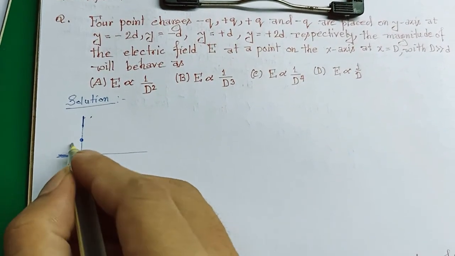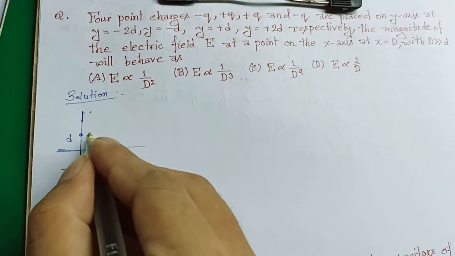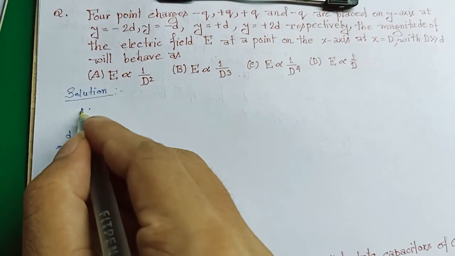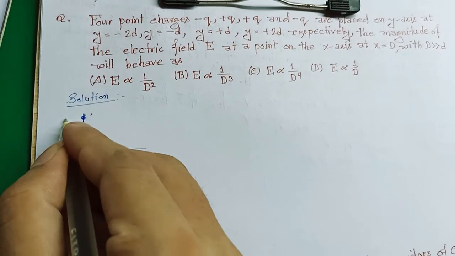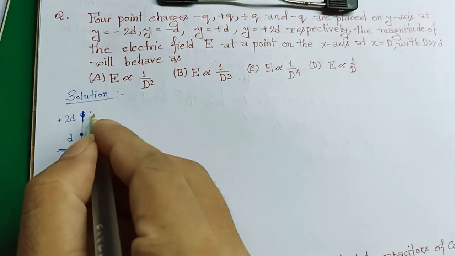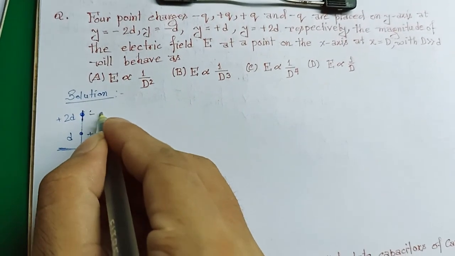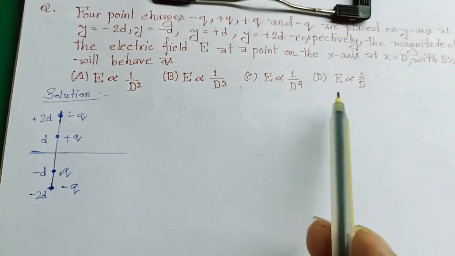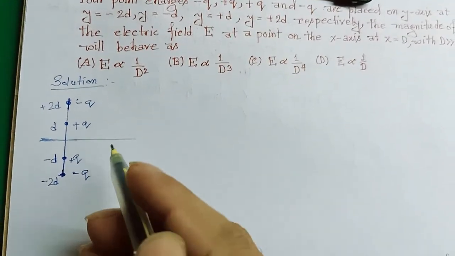Let this distance be d, and the magnitude of this charge is again plus q. And there is again another charge at a distance plus 2d, whose magnitude is equal to -q.